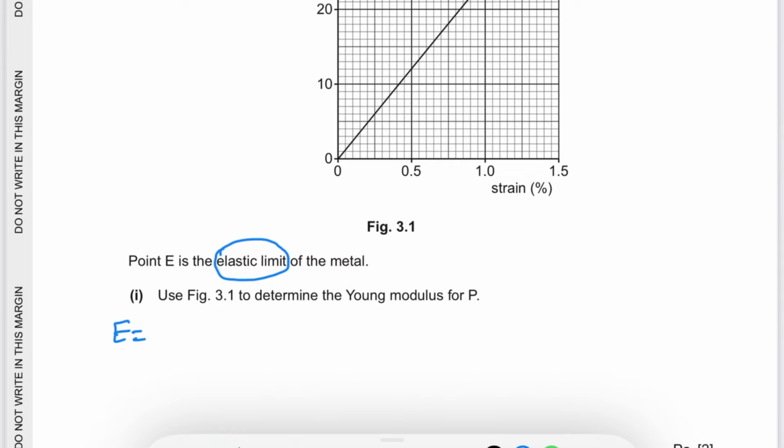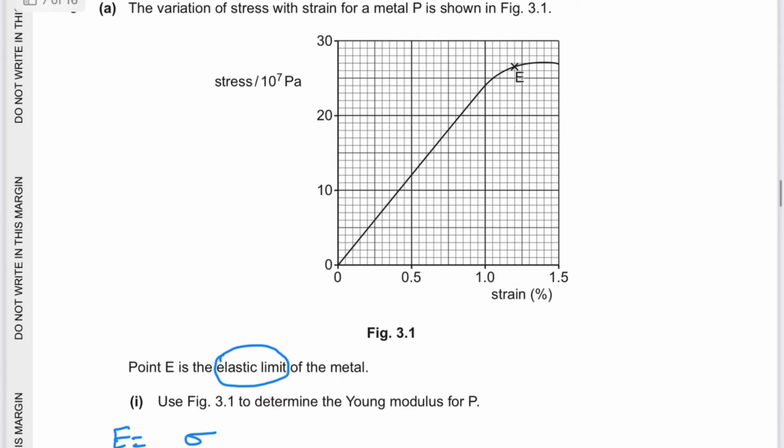Young modulus is equal to stress over strain. Here you can use the graph to get the gradient, or you can use any one specific coordinate as well. I'll pick this one over here, where the stress is equal to 24 times 10 raised to 7 pascals, and then the corresponding strain is 1%.